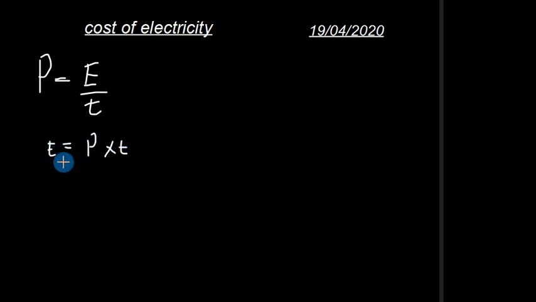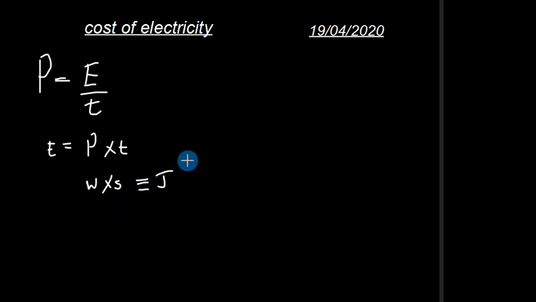However, if we calculated energy in this manner, the power is in watts and the time is in seconds. Now a watt second is a joule, which we have already said is not a meaningful unit of energy because it is very small compared to the amount of energy we consume in our homes.